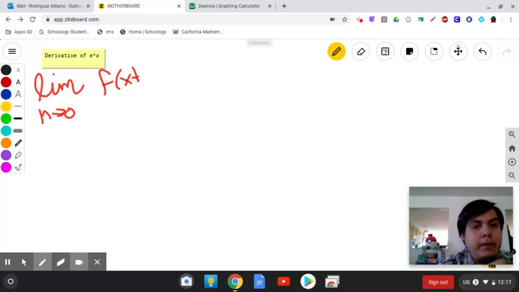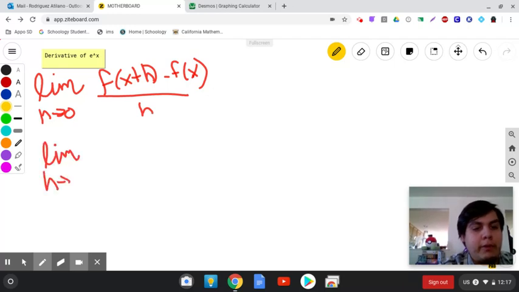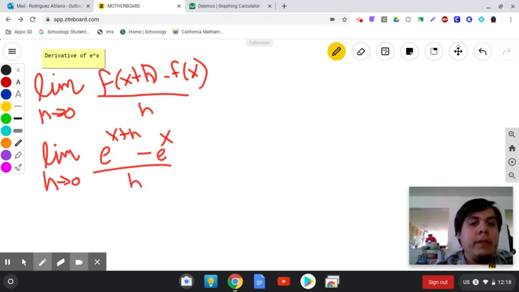So that means with this setup, we have the limit as h approaches 0 of e to the x plus h minus e to the x over h.